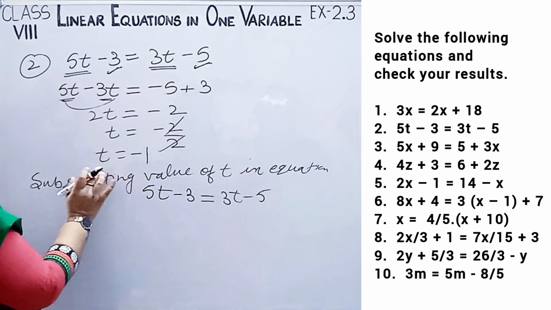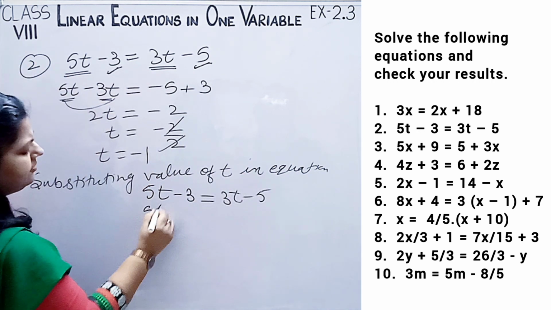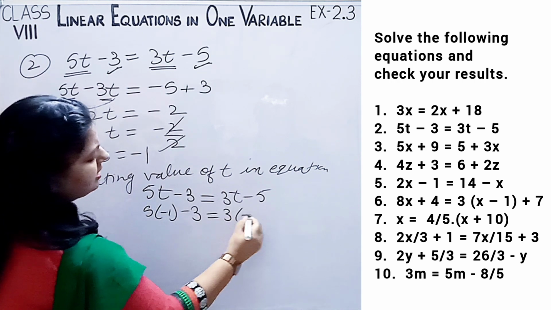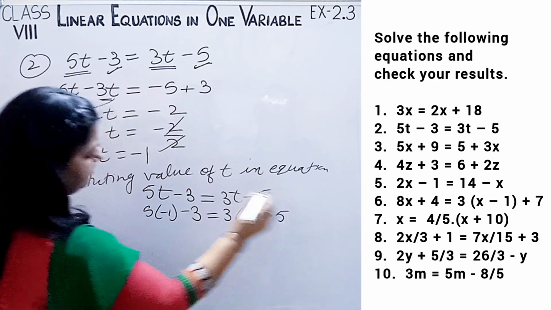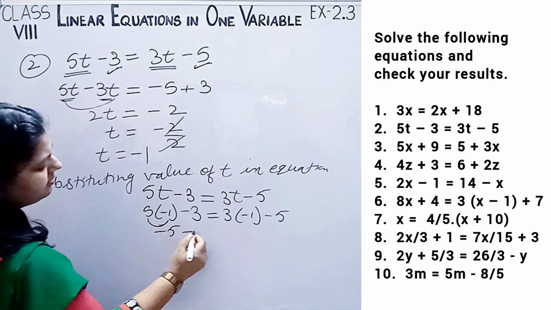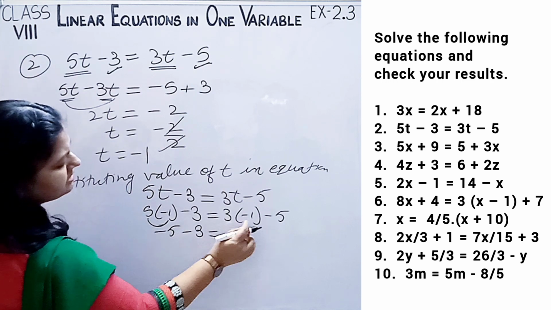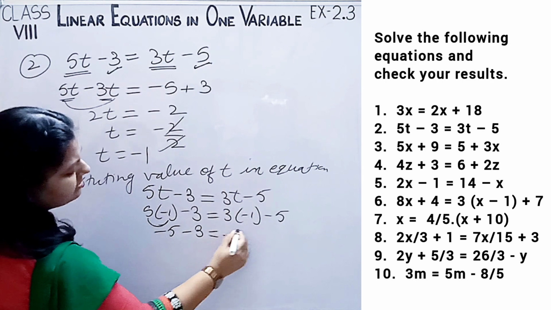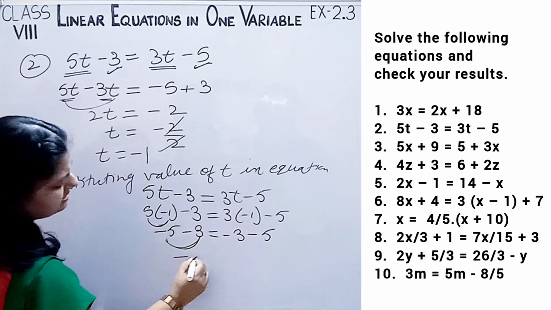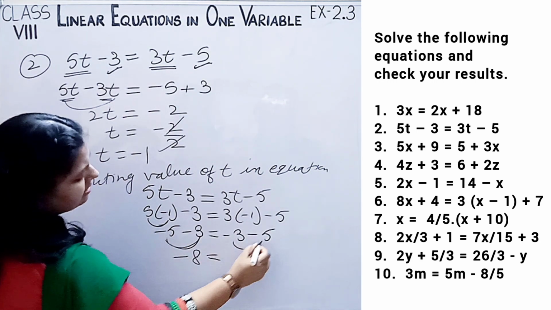Now the value of t is minus 1. So 5 times minus 1 minus 3 equal to 3 times minus 1 minus 5. Now 5 times minus 1 is minus 5, minus 3. Equal to 3 multiplied with minus 1, we get minus 3 minus 5. Now after adding this, we get minus 8 equal to again minus 8.